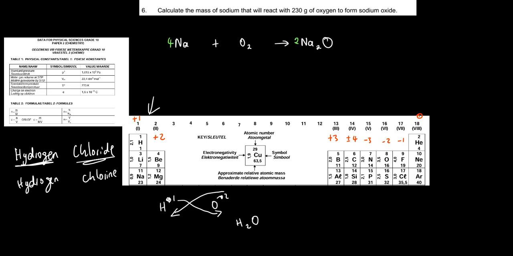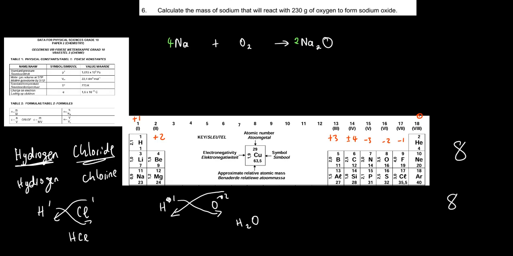Hydrogen is in group 1, which is H1, and then chlorine is in group 17, which has a -1, so we can write it as Cl1. The one comes there, the other one comes there. That means hydrogen chloride can be written as H1Cl1. But those ones, we don't write them. Same as if I write 8, I don't have to write it as 8 to the power of 1. We know the 1 is there. So similarly, I don't have to write H1Cl1. So we just simply call it HCl.